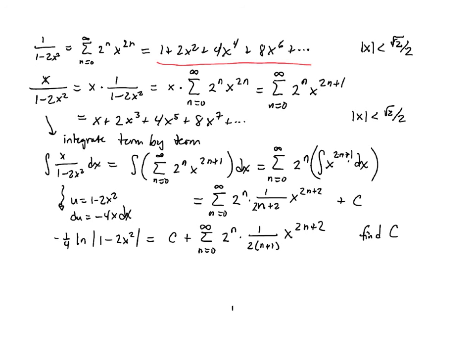And that's by plugging in x equals 0. So on the left-hand side we get negative 1/4 ln of the absolute value of 1, which is equal to c plus the summation n equals 0 to infinity 2 to the n times 1 over 2 times n plus 1 x to the 2n plus 2.